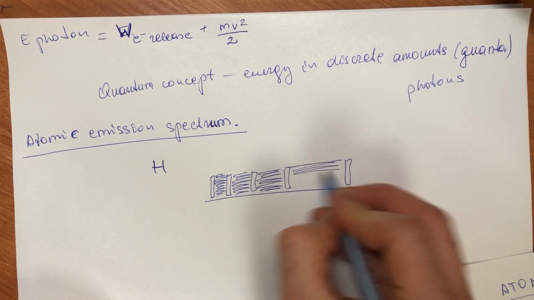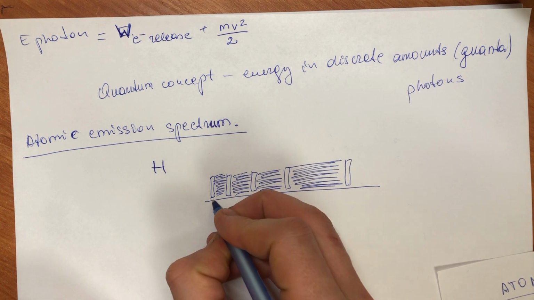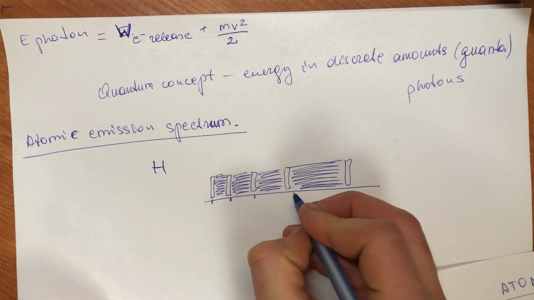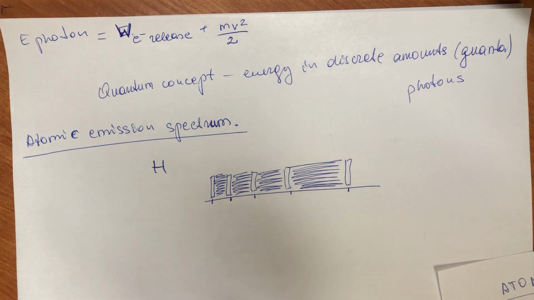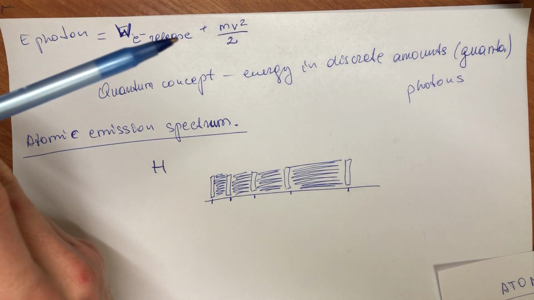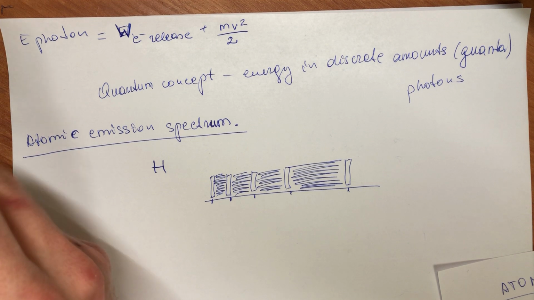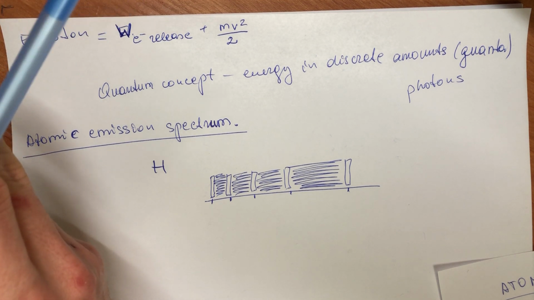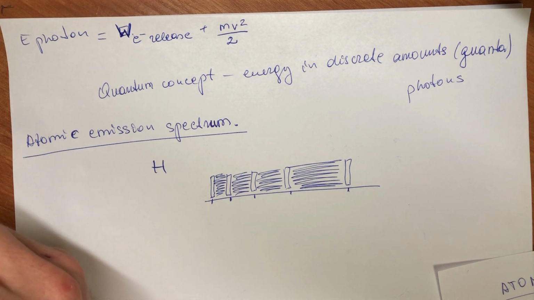So it means that hydrogen produces only these specific nanometers. Of course I don't remember them. It isn't important, because it's important for analytical chemists who are using this for analysis.